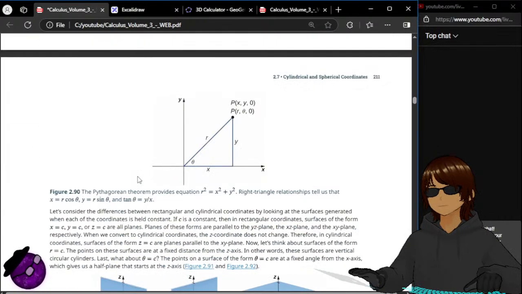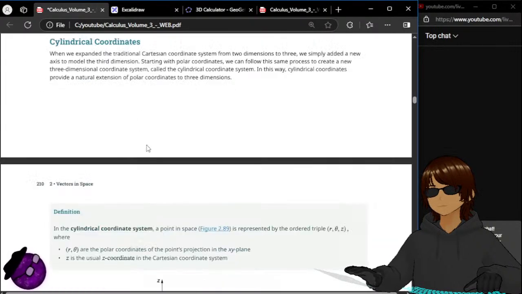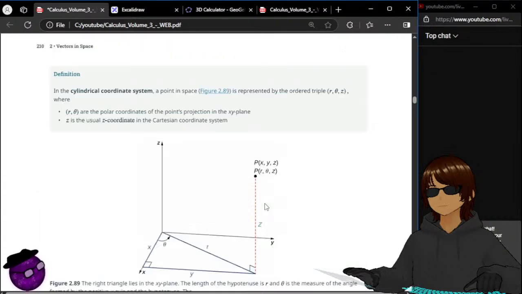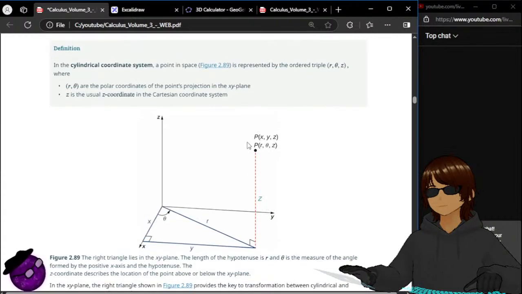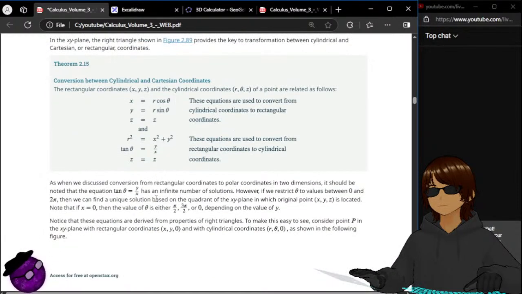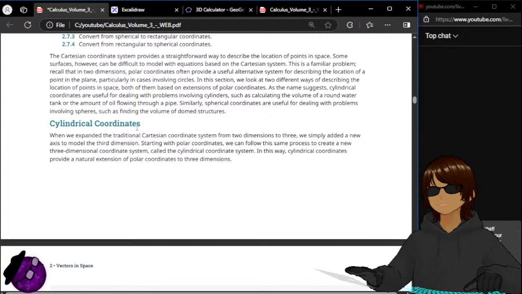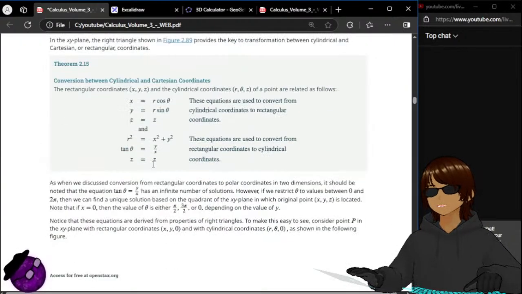Where is it? If they don't allow r to be negative, then it would make sense.